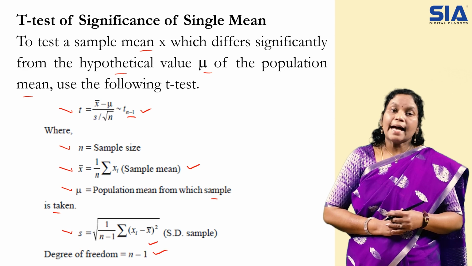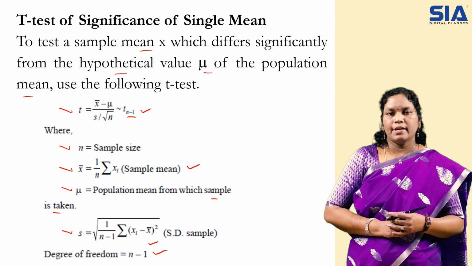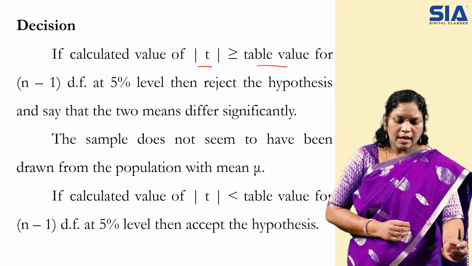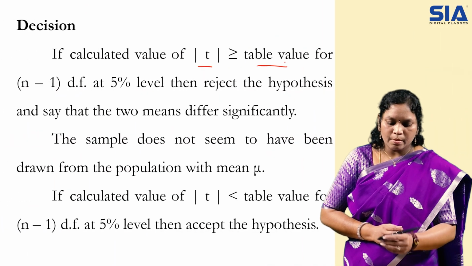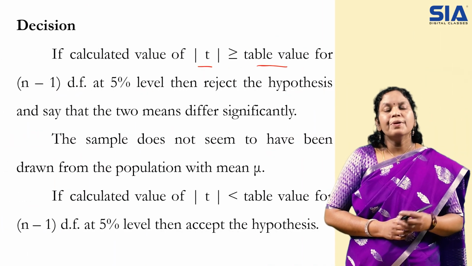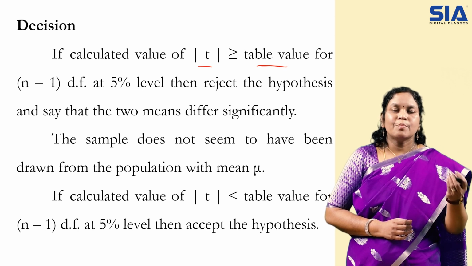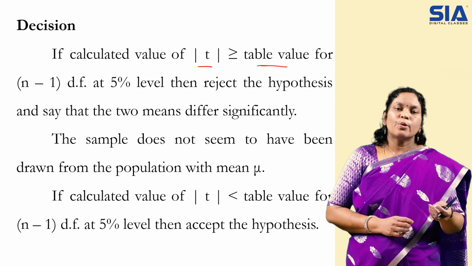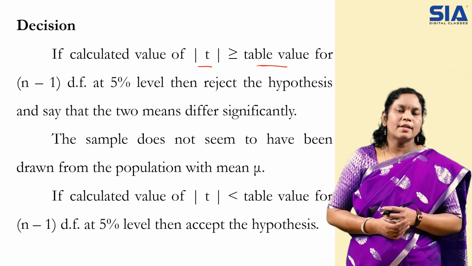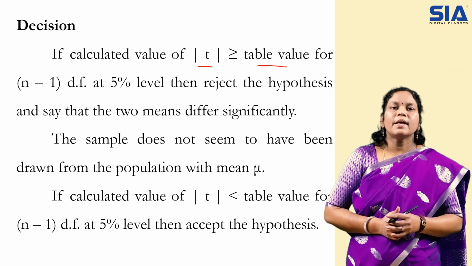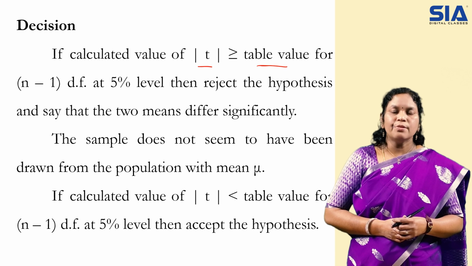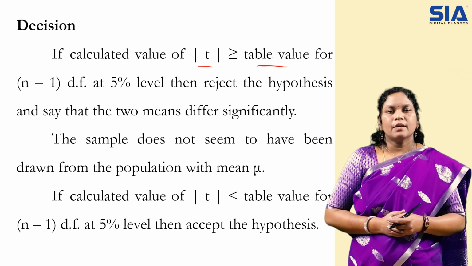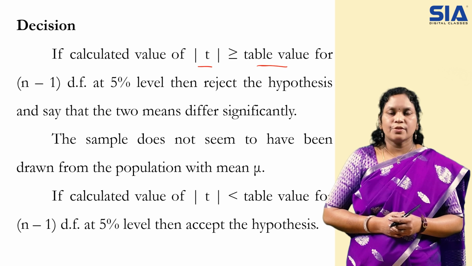The table value comes from the t tables, according to our LOS and degrees of freedom. We obtain the table value or critical value based on the LOS and the degrees of freedom.